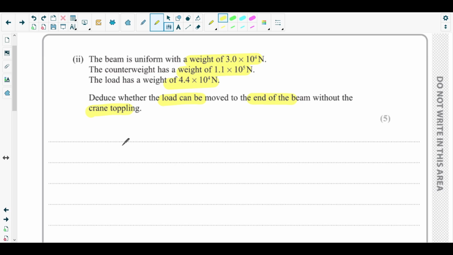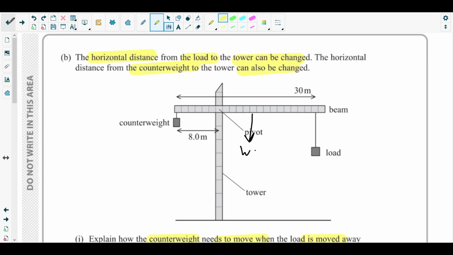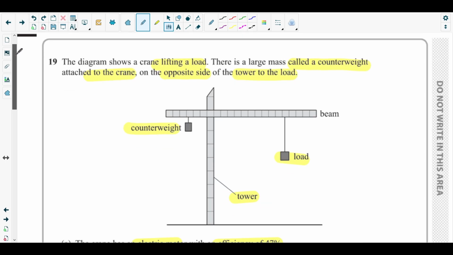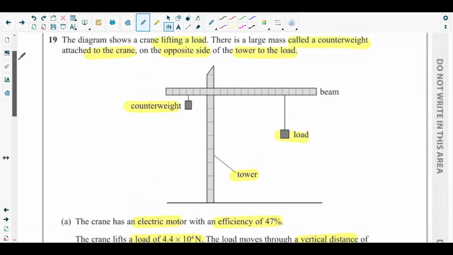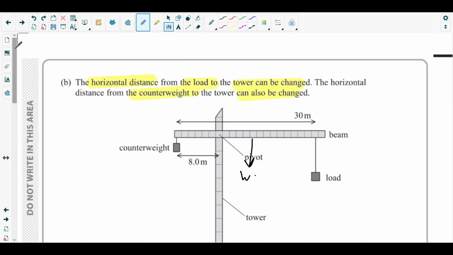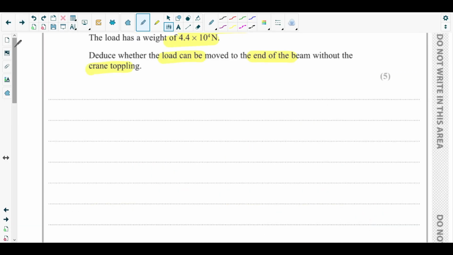So the load has to be moved to the end of the beam. If you consider the load at the end of the beam, what would be the distance from the pivot? Let's consider the total length of the beam. Do we know the total length of the beam? It might be given here.